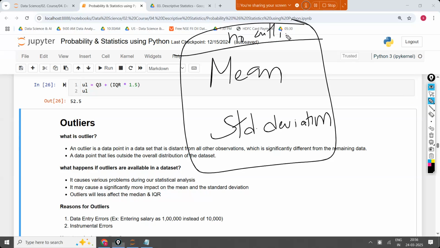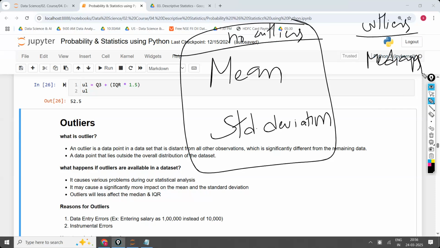When there are outliers, the best measure of central tendency is the median. When outliers are available, it is the median, and at the same time, the IQR. Median along with the IQR.